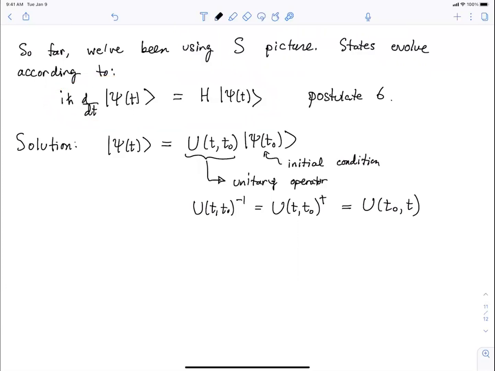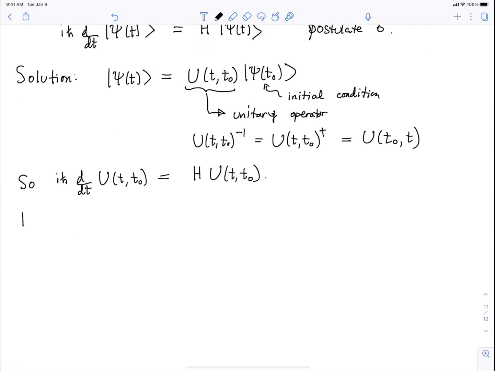And when you plug that into this differential equation, then you learn an operator differential equation. So this is review. So i h bar d by dt of the operator is equal to the Hamiltonian times the same unitary operator. So that's generally true. It doesn't make any assumptions. But if you make one more assumption, then it's easy to write down the answer. And that assumption is that the Hamiltonian is constant. Okay, then the solution is easy. It's easy in the sense that we can just write it down and then plug it in to check that it works.